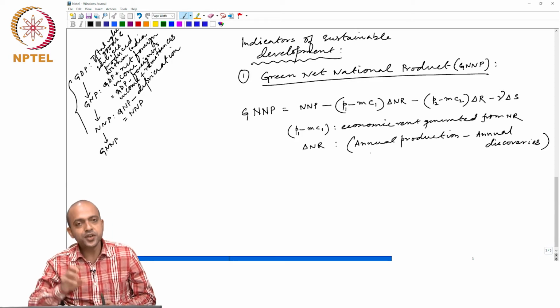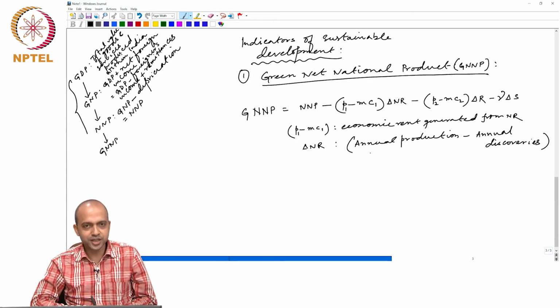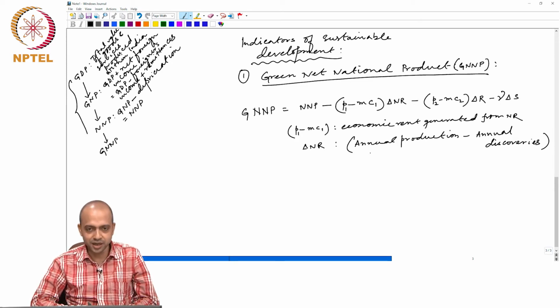That means, if in a particular year we extract 100 kg of coal, then the entire 100 kg of coal's value should not be deducted, because in that given time period, in that year, the economy might have discovered some new sources of coal as well.